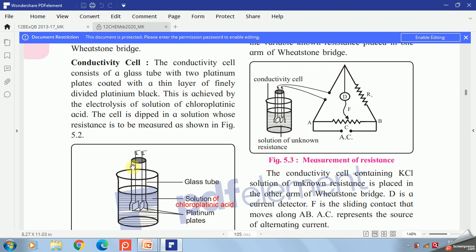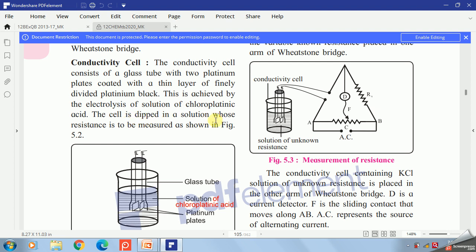So here in the glass tube, 2 platinum wires are there with platinum plates. These plates are coated with a thin layer of finely divided platinum black. This is achieved by electrolysis of a solution of chloroplatinic acid.